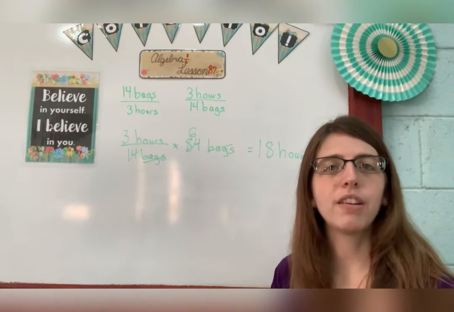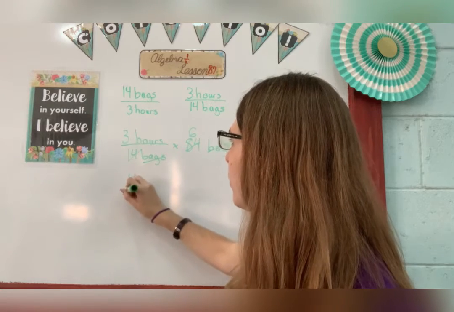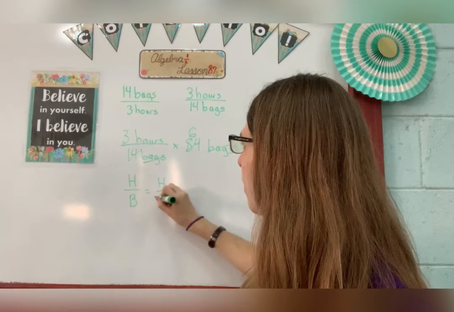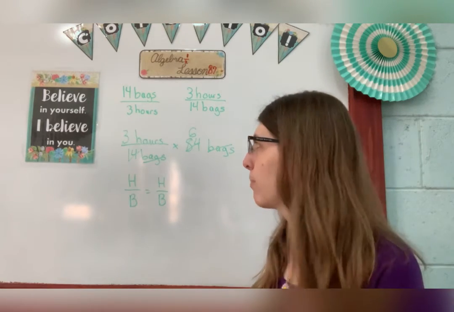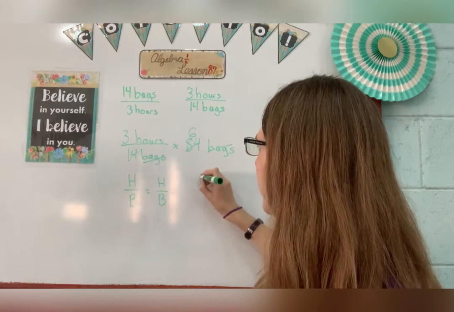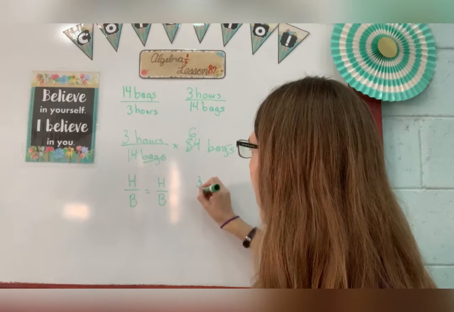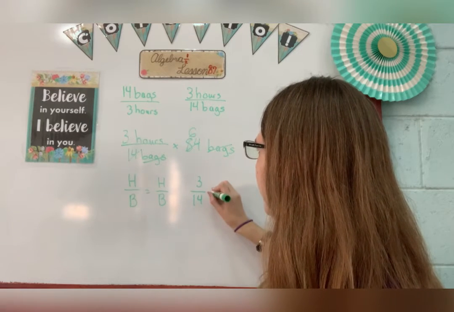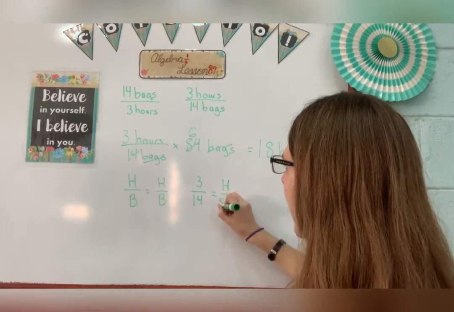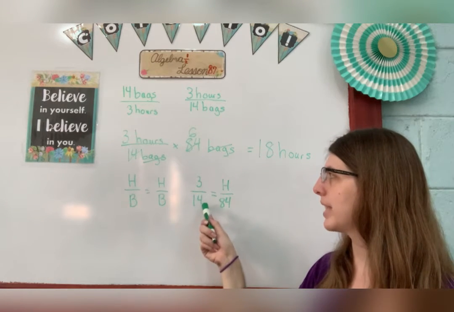All right, but how about if we do this as a ratio? Well, as a ratio, I have hours over bags equals hours over bags. I know from my problem that I have 3 hours for 14 bags, and I want to know how many hours it takes to fill 84 bags. Make sure that you have the numbers in the correct spot.